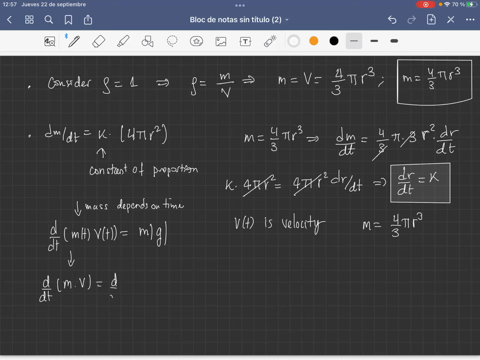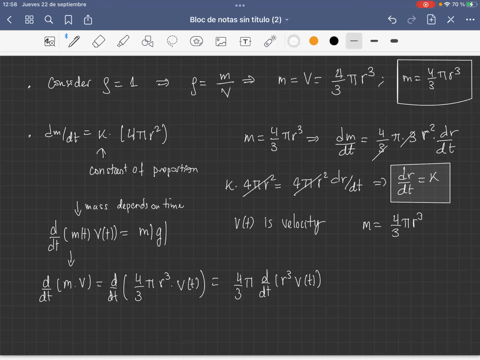Then we have that the mass is 4/3 of pi radius to the third power times the velocity. So here the constants can go out, and we basically just have to derivate the third power of the radius times velocity.